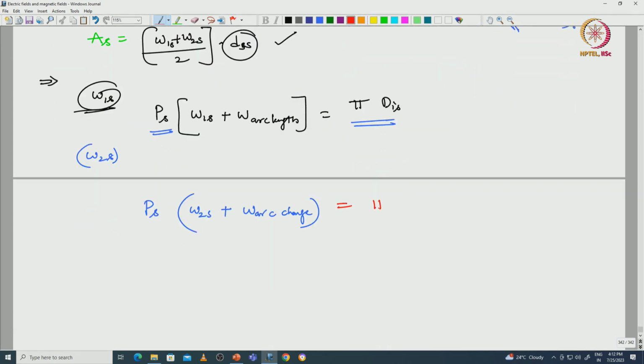It should be equal to pi into DIS plus 2 into DSS. This is the perimeter incorporating the slot height also.